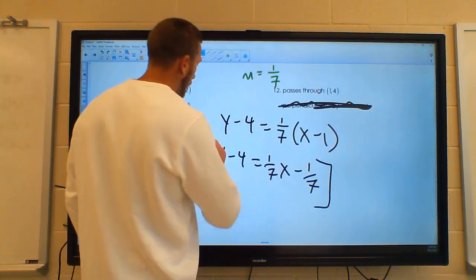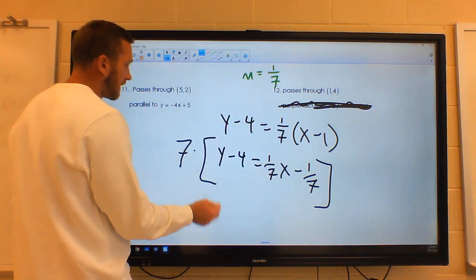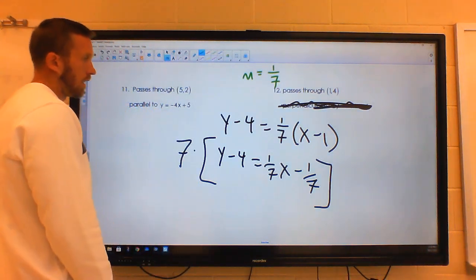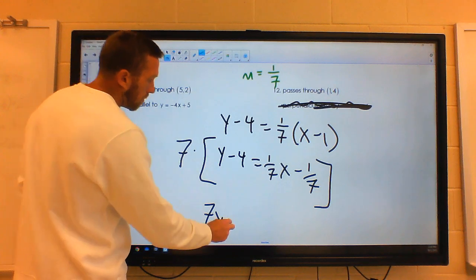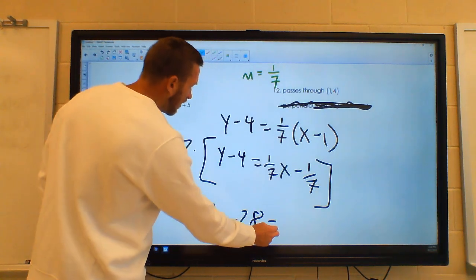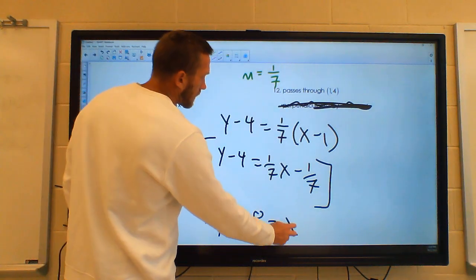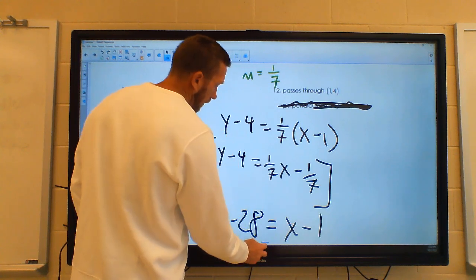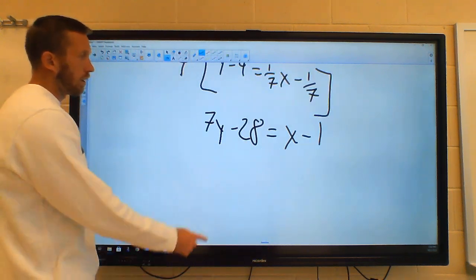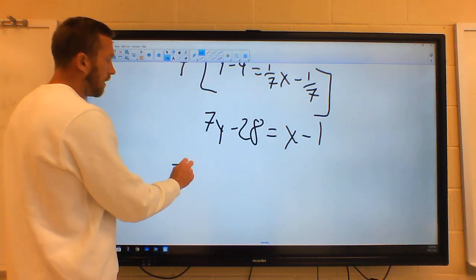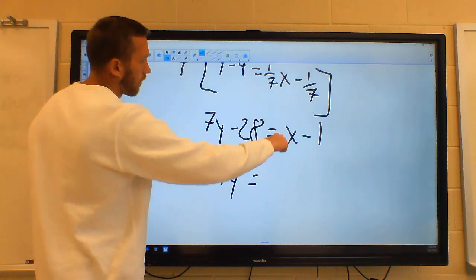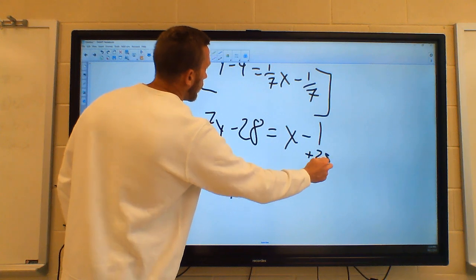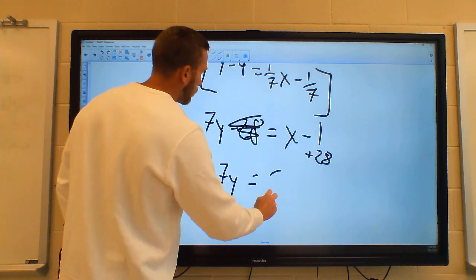I'm going to multiply every term by 7 to get rid of that ugly, ugly denominator. So we've got 7y minus 28 equals x minus 1. Move things over. Move the x over. Now it's negative x plus 7y. Move the 28 over. It becomes positive 28 over there. Combined with the negative 1 makes 27.